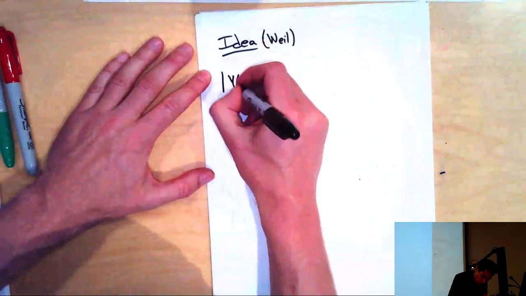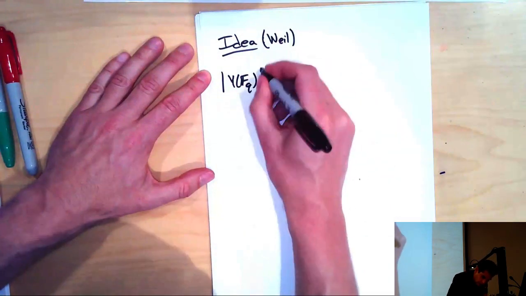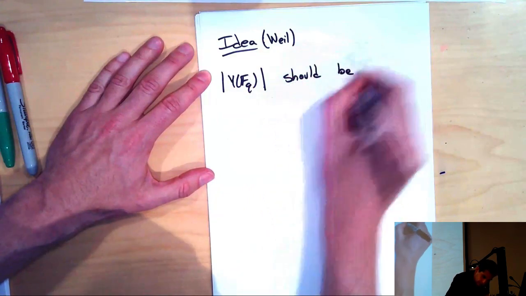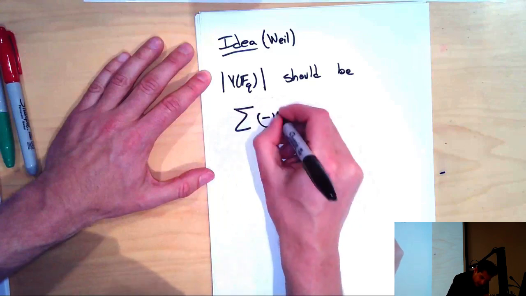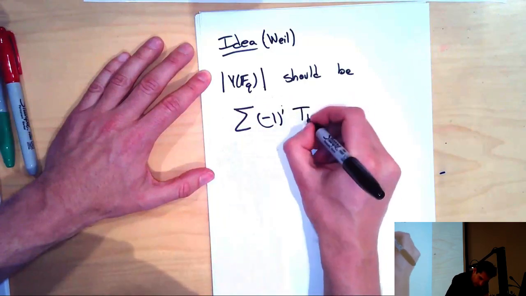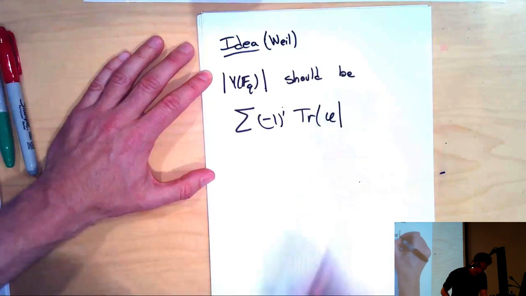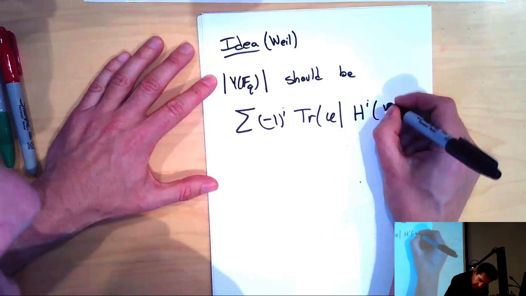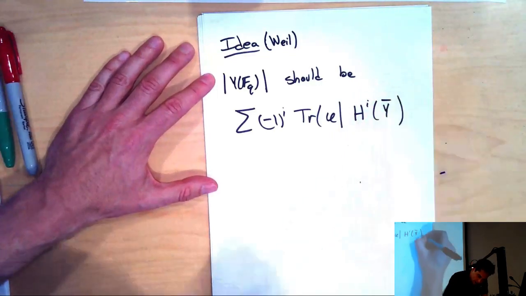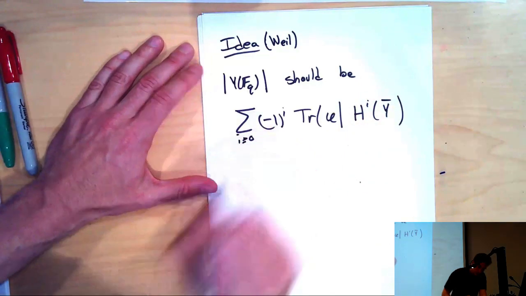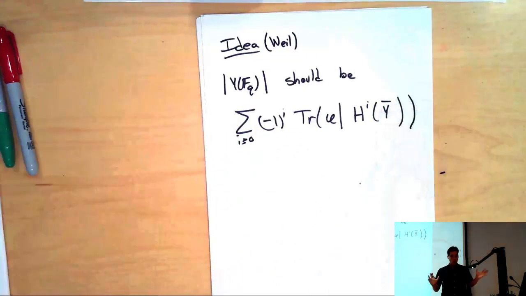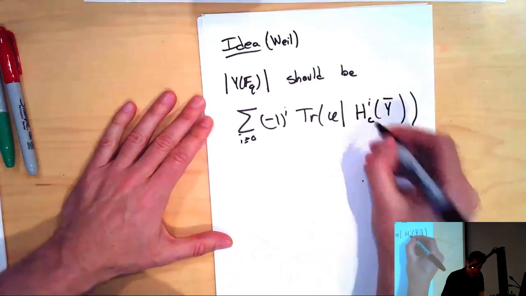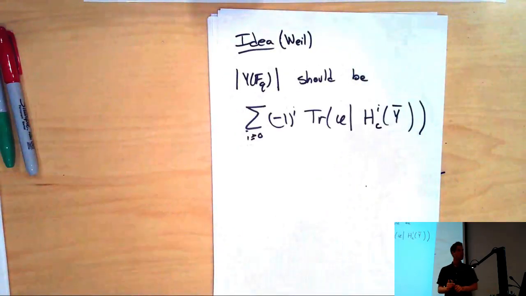So the number of FQ valued points of Y should be something like an alternating sum of the trace of this Frobenius map on the cohomology groups of this variety Y bar. And this is what it should be when Y is a projective variety. If Y is only a quasi-projective variety, then I should take some kind of compactly supported cohomology here.